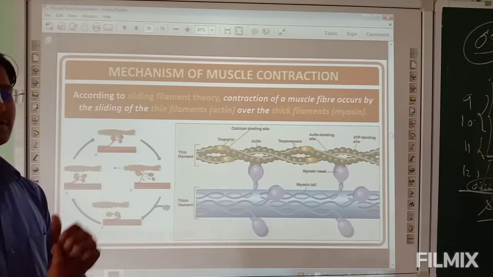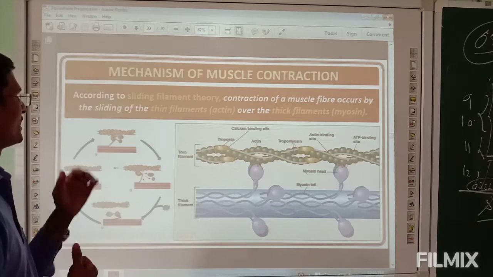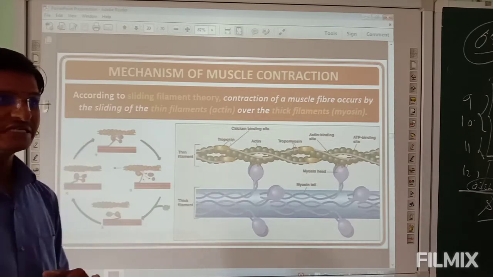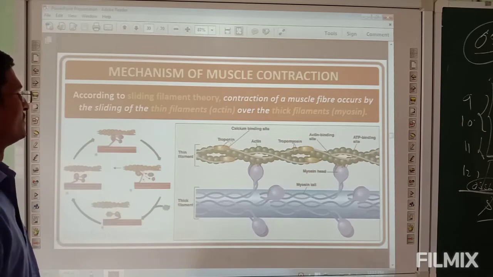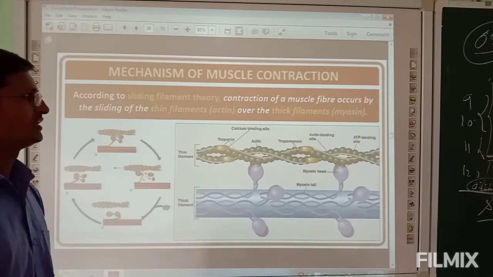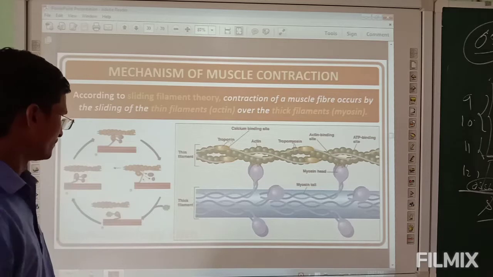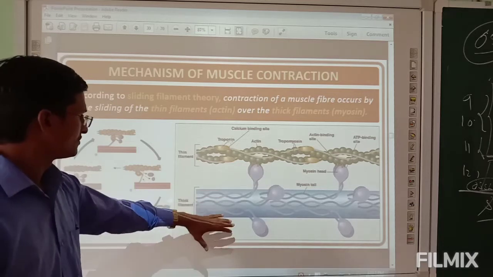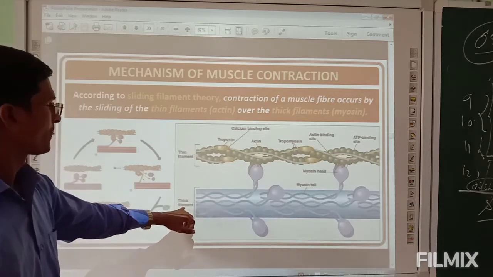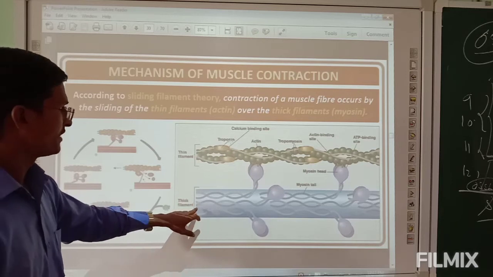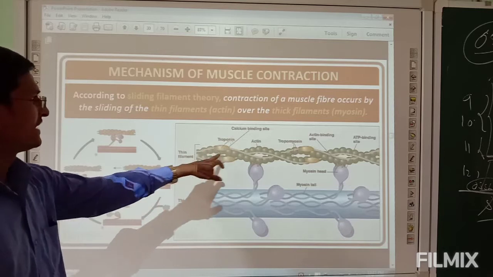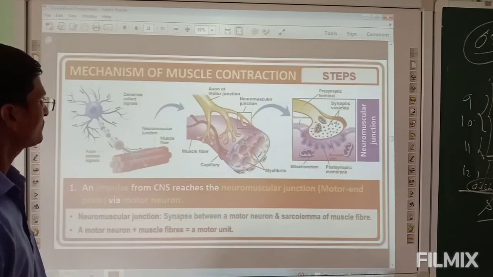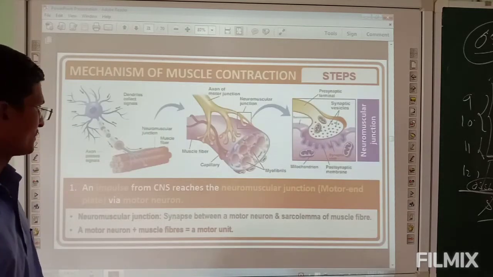So how the muscles get contracted, we can understand with the theory called sliding filament. Here we can see that the thick filament we call myosin, and the thin filament we call actin. Different steps are there.